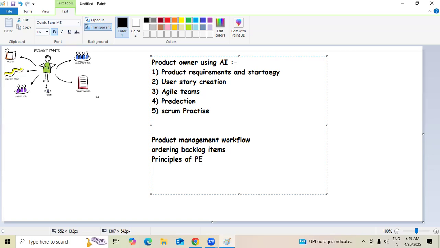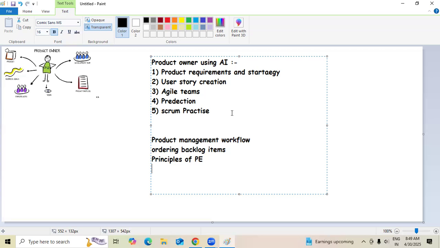Followed by the identification of best practices for AI tools, and the different Scrum workflows that need to be identified and imparted here. Everything you need to know. Next, I already mentioned in the beginning of the session the product management workflow, which we have already discussed.